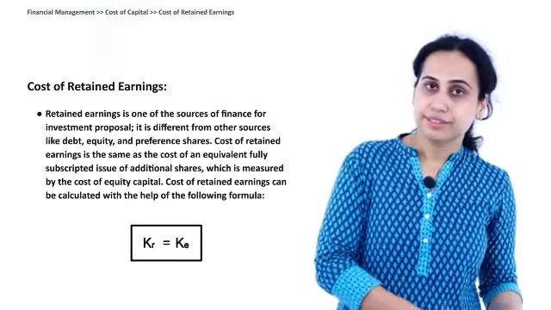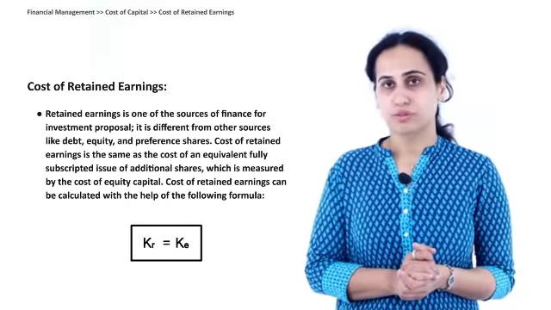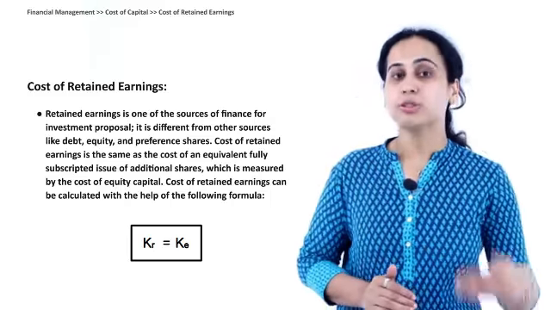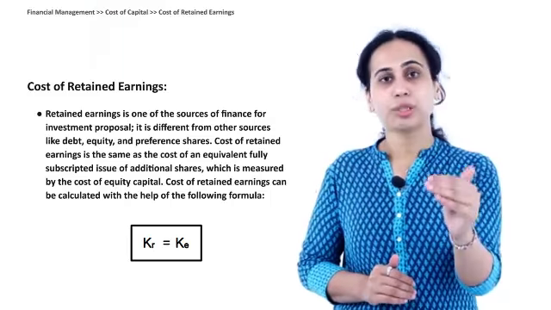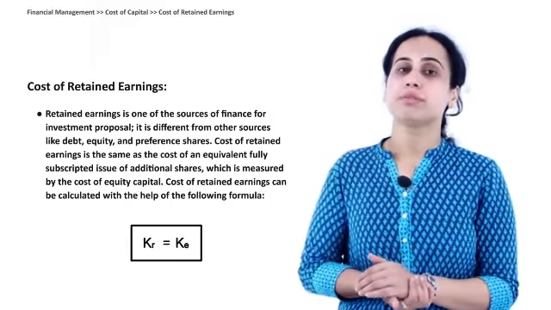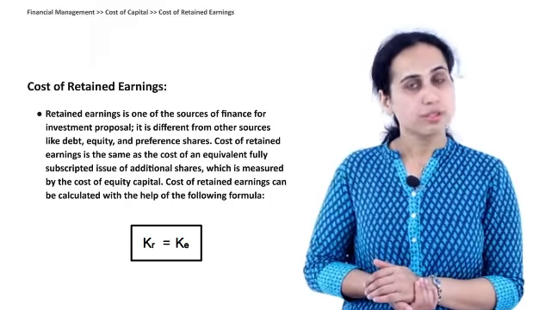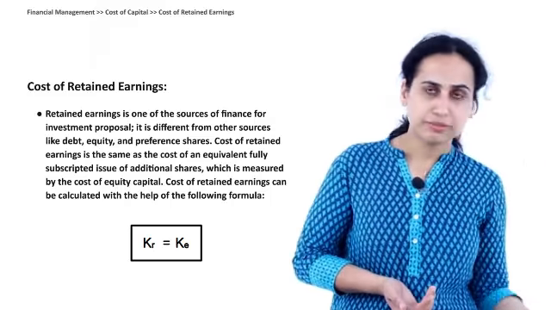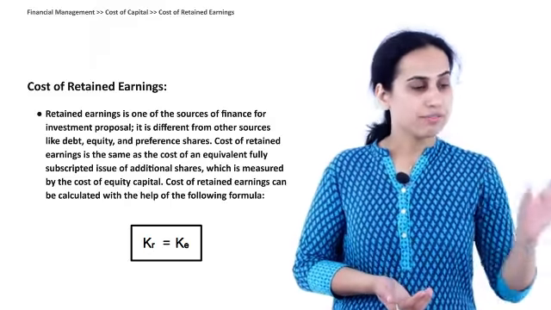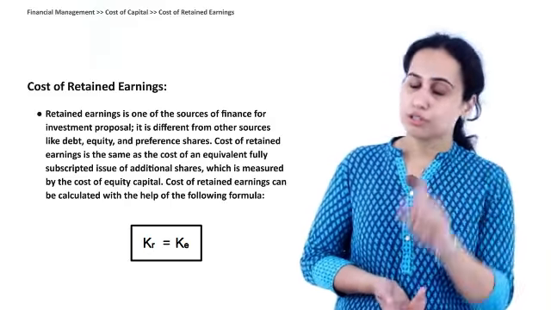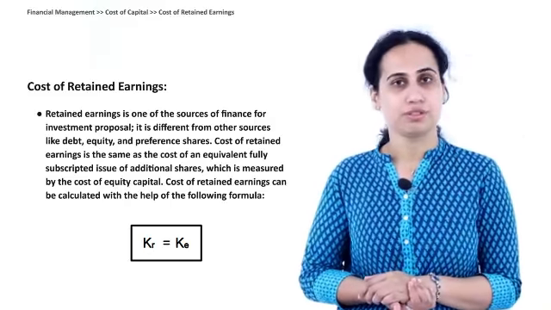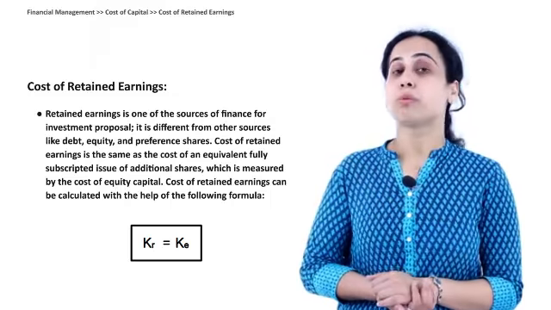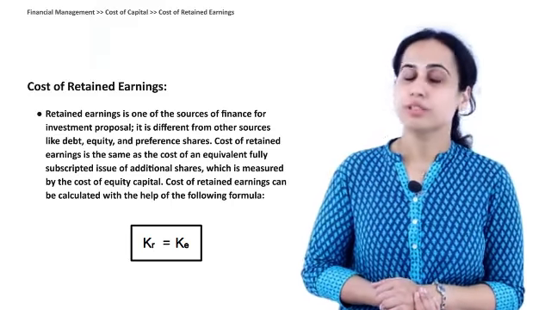That's why the cost of retained earnings is always equal to the cost of equity: as an equity shareholder, you expect at least the minimum return you get on your equity shares, and you get the same when you give it to me as retained earnings. The computation is the same, be it the dividend model or the earnings model. If I say the cost of equity is 16%, the cost of retained earnings will also be 16%, based on whatever model or method you followed for cost of equity.